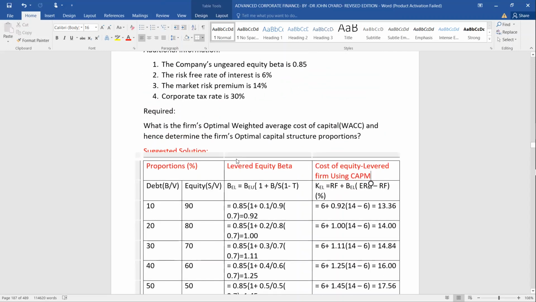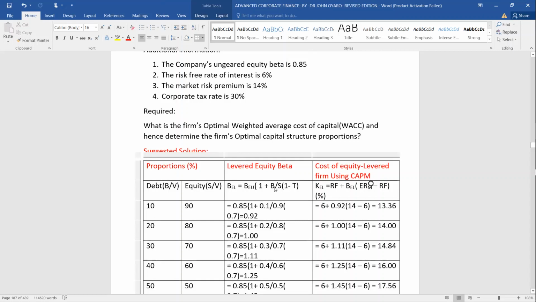Now, B ideally should be market value of debt divided by market value of equity. B is market value of debt, S is market value of equity. In the absence of those market values in shillings, B can be taken as a proportion of debt and S the proportion of equity.